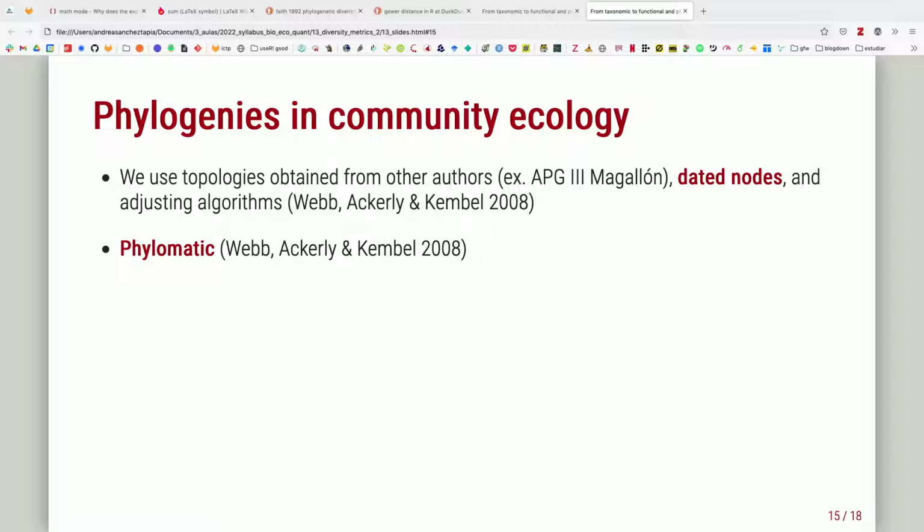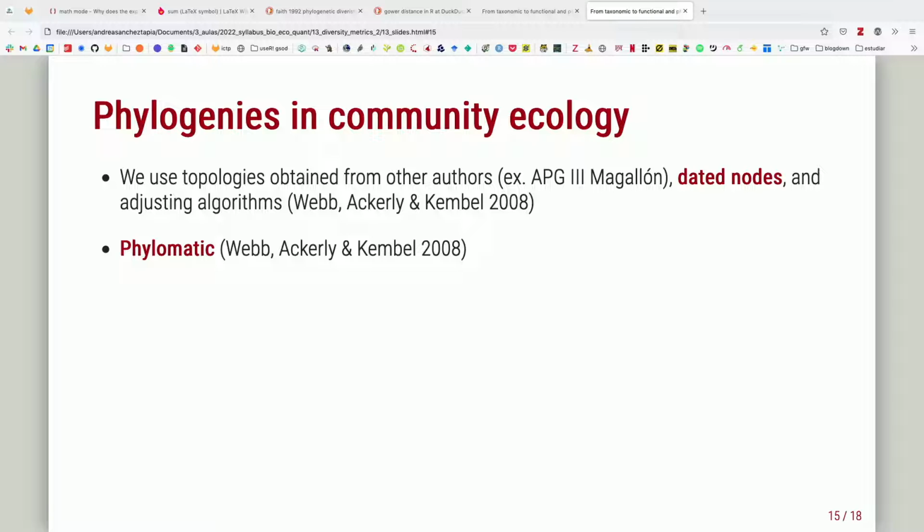So for example, the fact that the APG tree exists for flora, for trees, and you have some dated nodes, you basically can have estimates of phylogenetic pairwise distance between any two individuals in a community. And there are some algorithms that help you with calculating the dates of the nodes that are not dated.